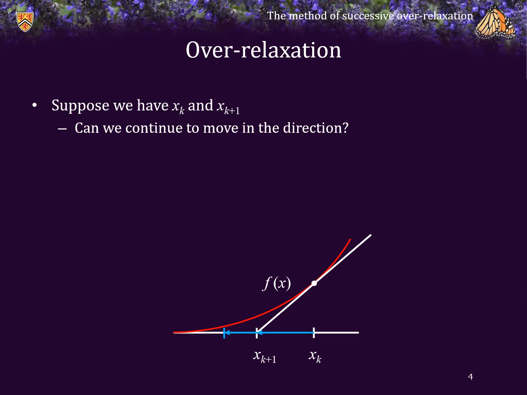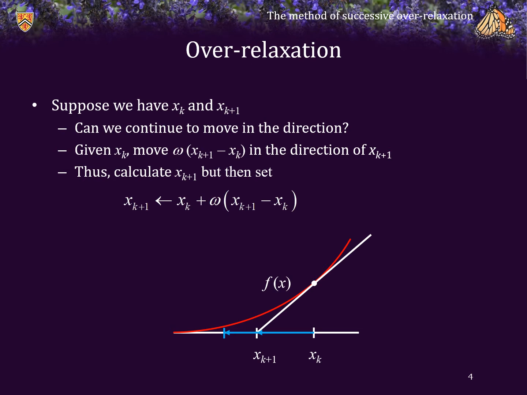For example, rather than just moving from x_k to x_{k+1}, can we go, say, 50% further? More generally, given x_k, can we move omega times the difference x_{k+1} minus x_k in the direction of x_{k+1}?